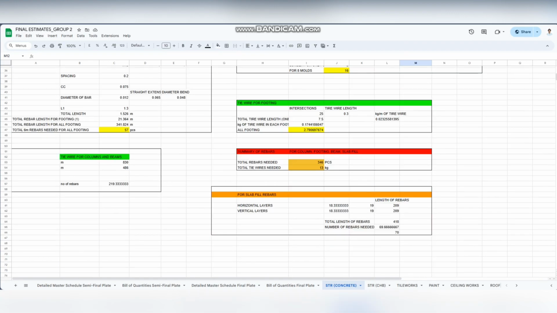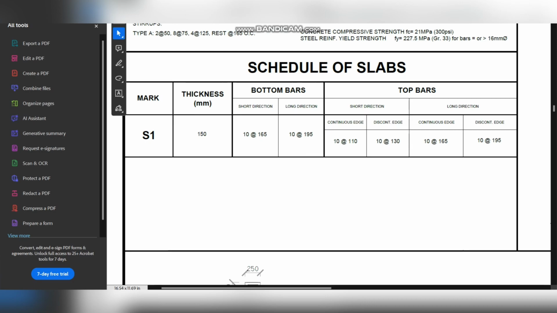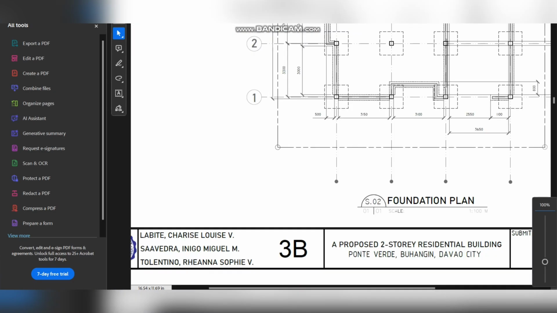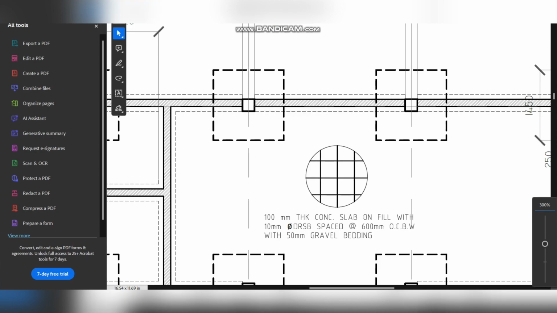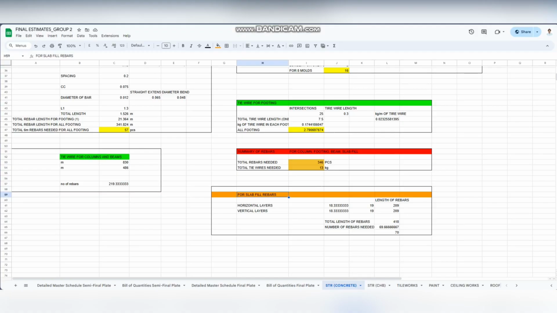So for the slab fill rebars, this was just presented in the plan right here. Spacing, which is 0.6 meter. So the 11 meters divided by 0.6 yields 19 layers.